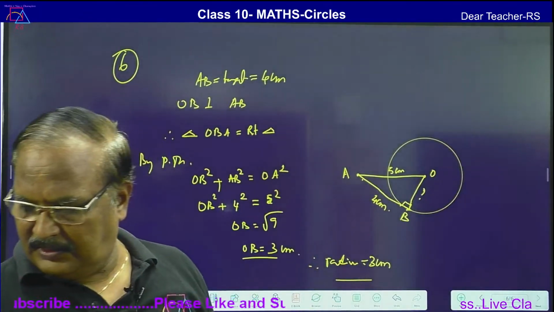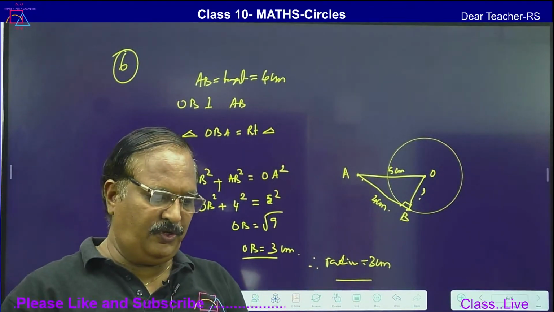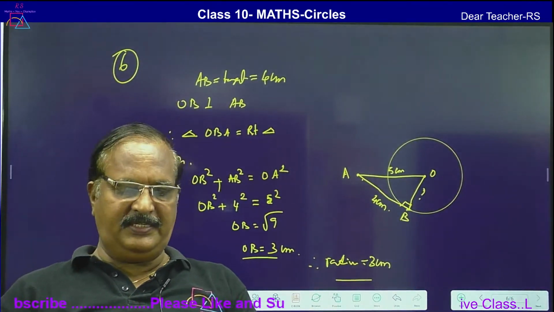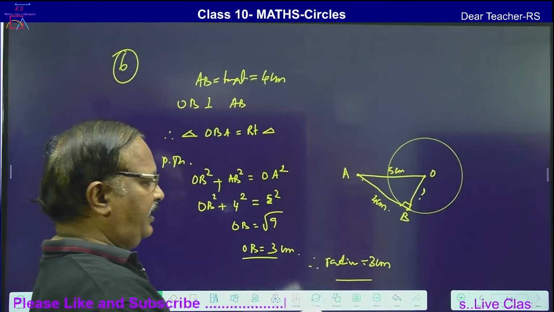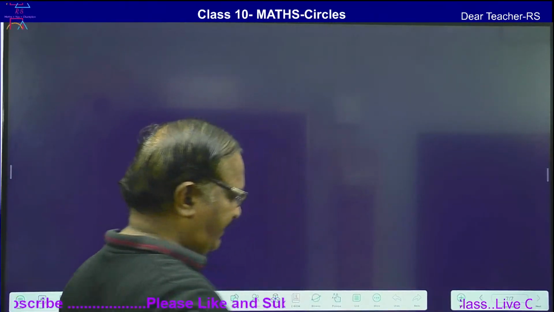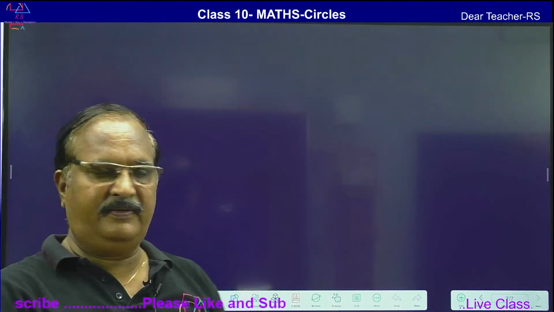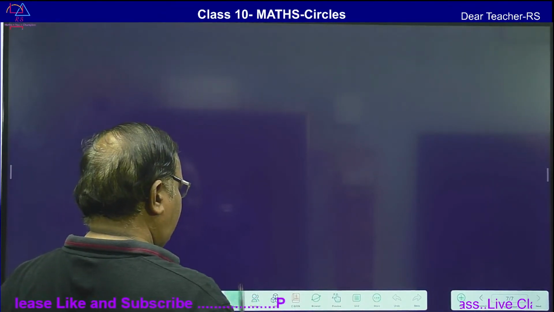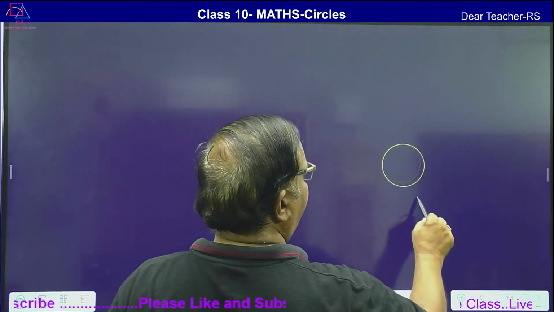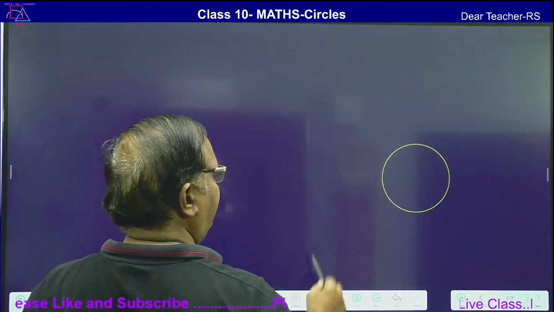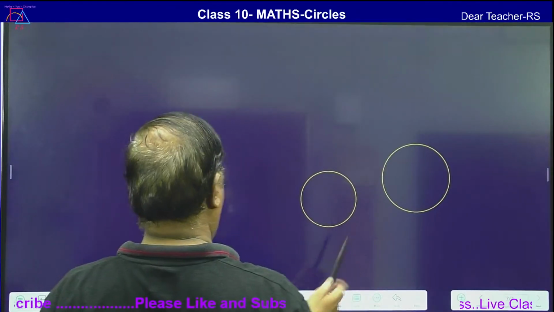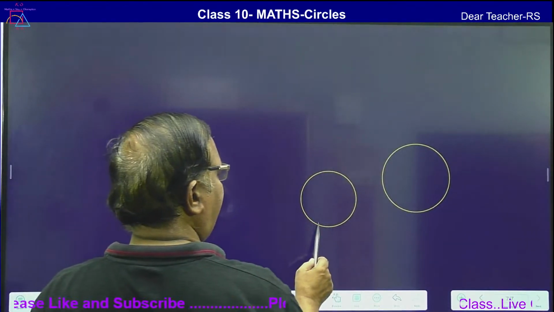Okay. So now let us go to one more question, 7th question. So here two concentric circles are given. So what are concentric circles? Circles with the same center. Okay.